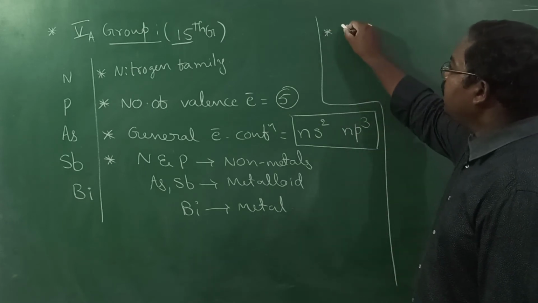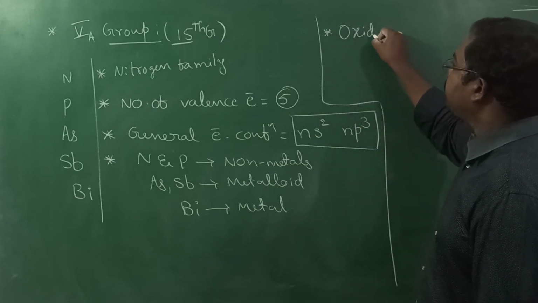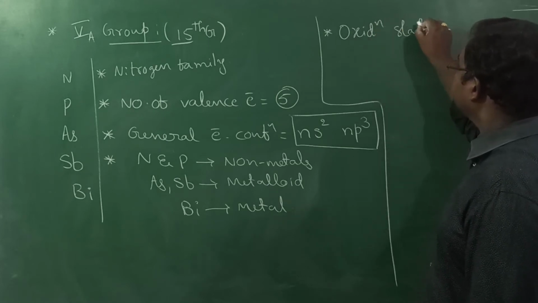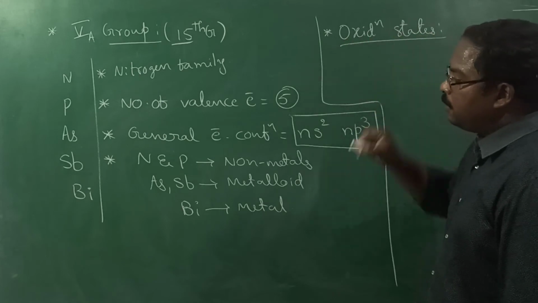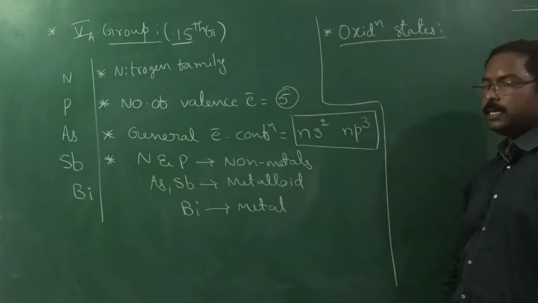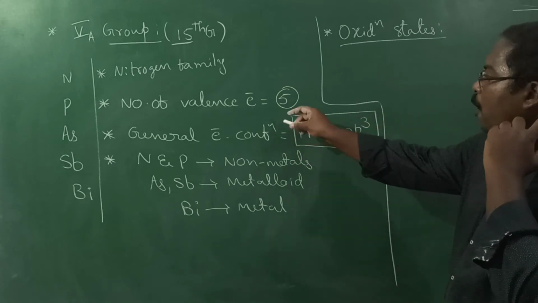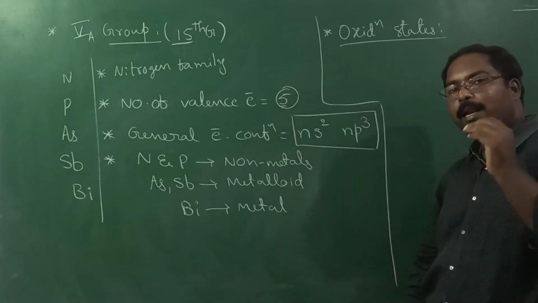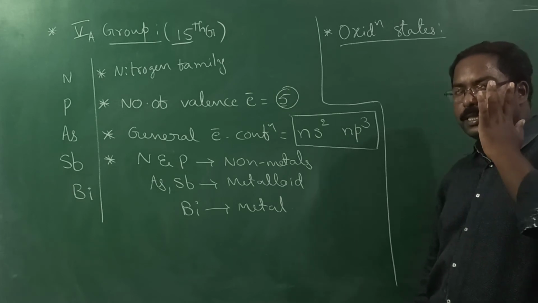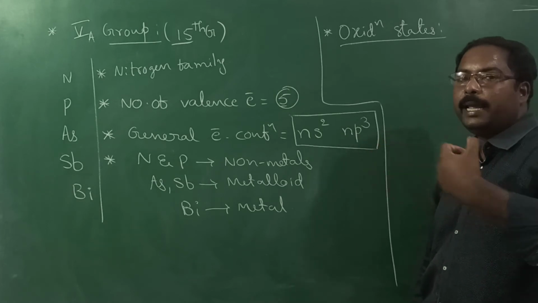Now coming to the oxidation states. Plus 5 is a common oxidation state. But when they have 5 electrons, to get octet configuration, they need to gain 3 more. Instead of losing 5, it will be better to gain 3.